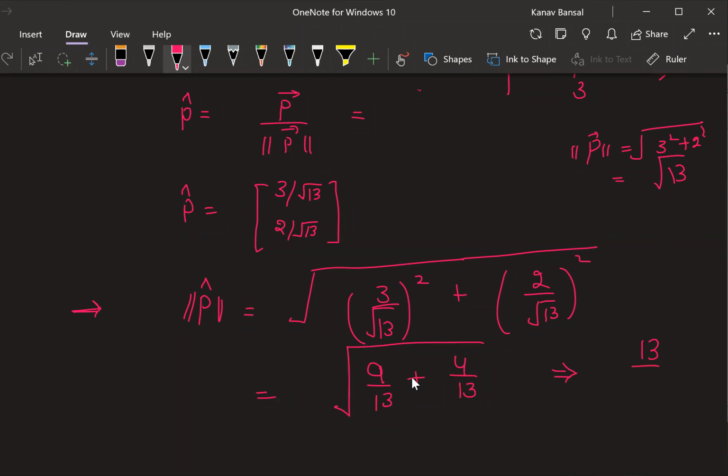Now, we have a vector and we have b vector. We want to find the projection of a vector on b vector. Do you see this projection and the b vector are in the same direction? Yes or no, Shubham? So how can we get this direction?